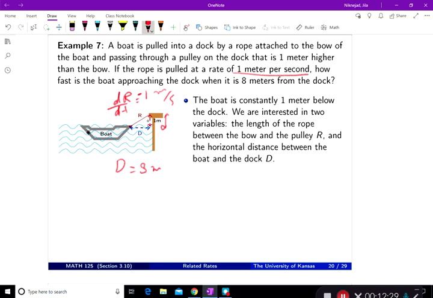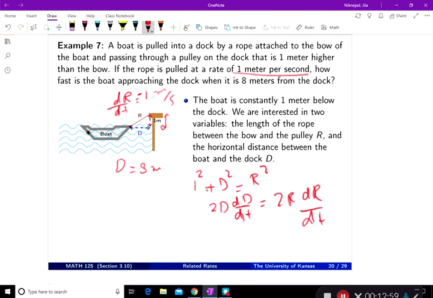And so how do we relate all these? It's going to be 1 to the power 2 plus d to the power 2, where d is changing, is equal to r to the power 2. And when I take the derivative, 1 to the power 2 is just 1, so it's going to be 0. And then here 2d, again d is a function of t, the outer function is x squared, the inner function is d, and 2r dr/dt.